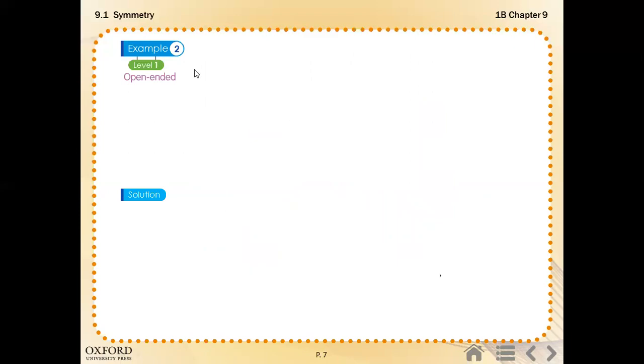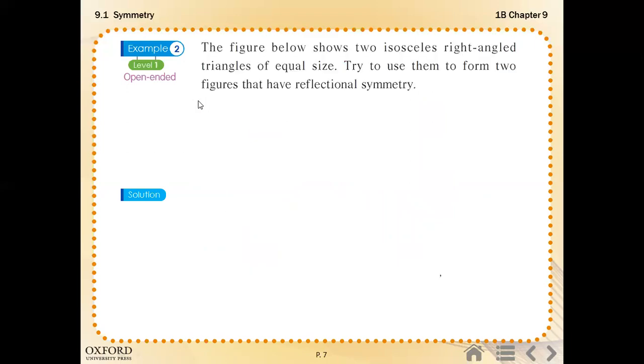And the second example, okay? Here I now give you two isosceles right-angled triangles of the same size. Can you use these two figures to form figures that have reflectional symmetry? Let's think for a few seconds.